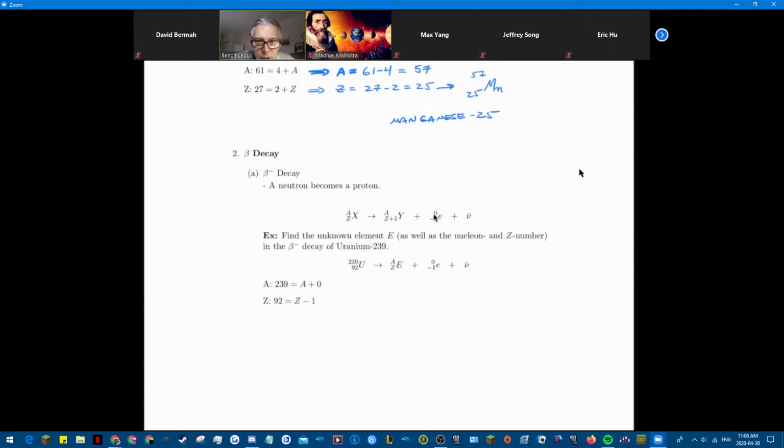And of course, it's not a nucleon, so its nucleon number is 0, all right? Next year, I'm going to talk about this. This was discovered much later. There was another particle also produced, and this particle is called an anti-neutrino.